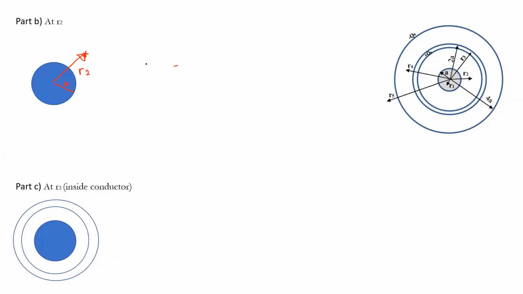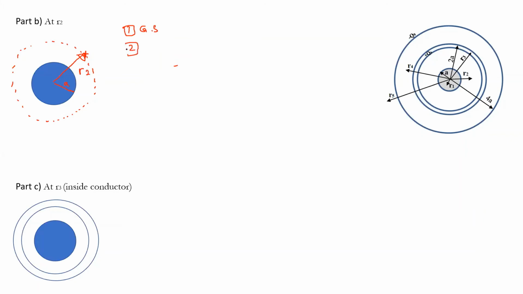Okay, now you all are going to tell me the steps. What is the first step? What do we do? Very good, Gaussian surface. Okay, Gaussian surface.